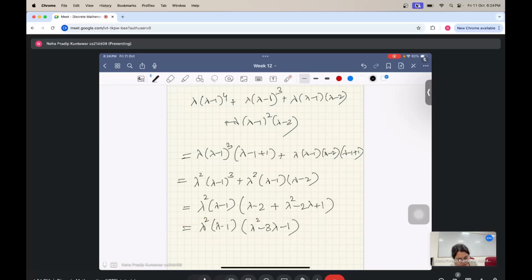And so the chromatic polynomial for the graph that is given is this.